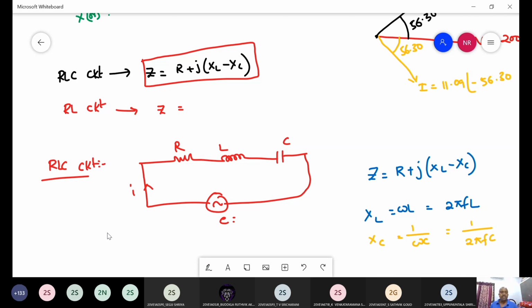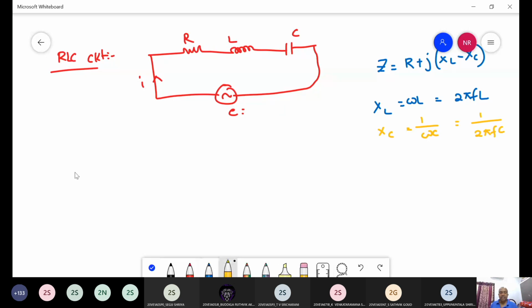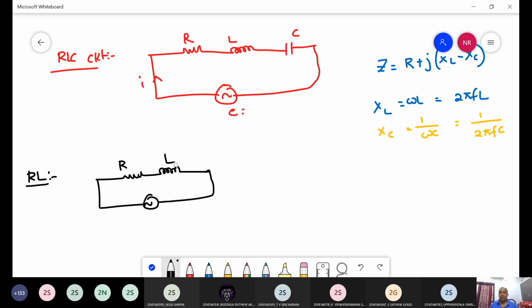This is what happens in that RLC circuit. Suppose it is an RL circuit, resistor and inductor. Here we don't have the capacitor. Here R and L. Then what is the Z here?